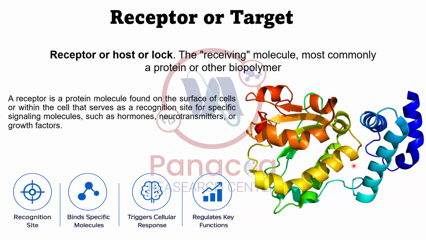So it is the receiving molecule. Especially we call the protein the target receptor or host, etc. A receptor is a protein molecule found on the surface of a cell or within the cell that serves as a recognition site for specific signaling molecules such as hormones, neurotransmitters, or other growth factors.